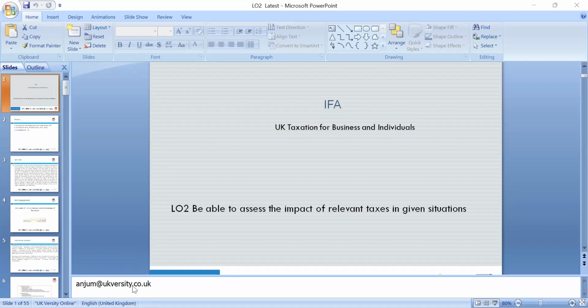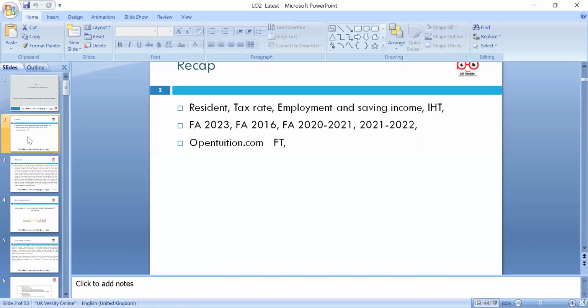So today's lesson is LO2, which is about being able to assess the impact of the relevant taxes in a given situation. During our last lesson, we discussed the resident tax rate, employment, savings income, inheritance tax. We mentioned it's better to use Finance Act 2023.